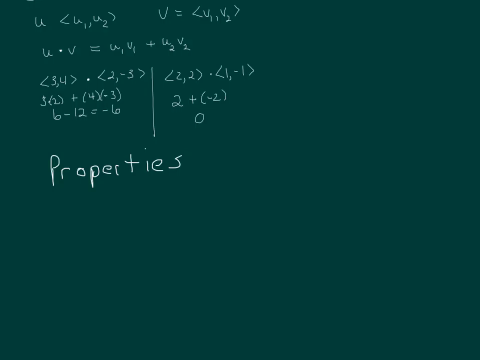Properties of the dot product. If u, v, and w are vectors, and k is a scalar, then these are some of the properties of the dot product.